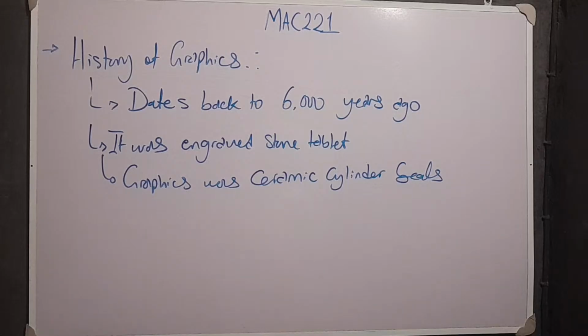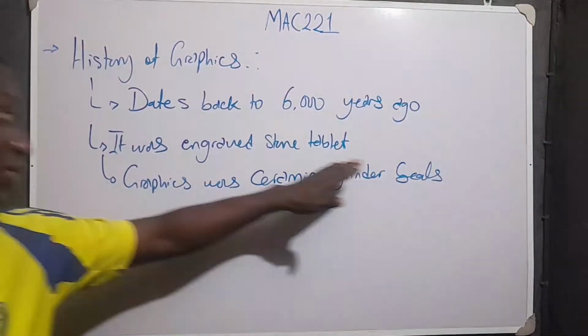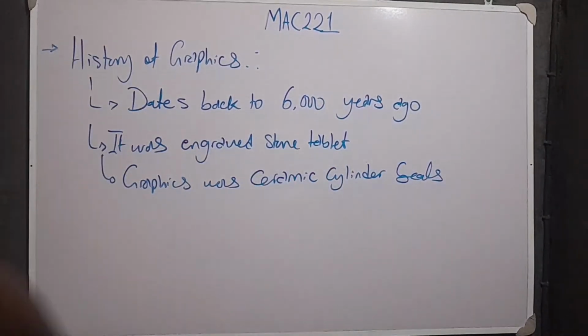Some of us are lovers of movies. Talking about these engraved stone tablets, especially in relation to the genesis of science, there's an argument that the origin of science is actually from Africa, considering a whole lot of scientific achievement that happened in different parts of Africa.